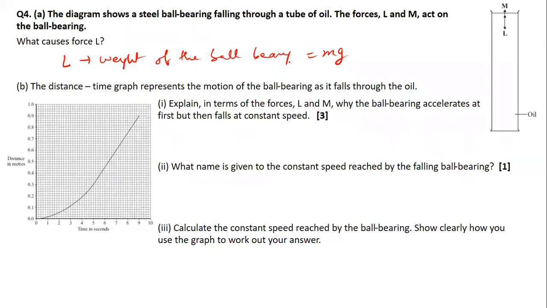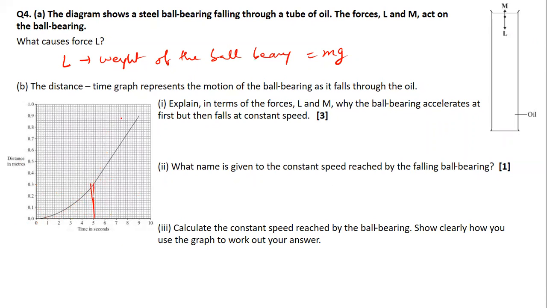The distance time graph represents the motion of the ball bearing as it falls through the oil. Explain in terms of L and M why the ball bearing accelerates at first, but then falls at constant speed. Until 5 seconds, the particle is seen moving with a curved path.